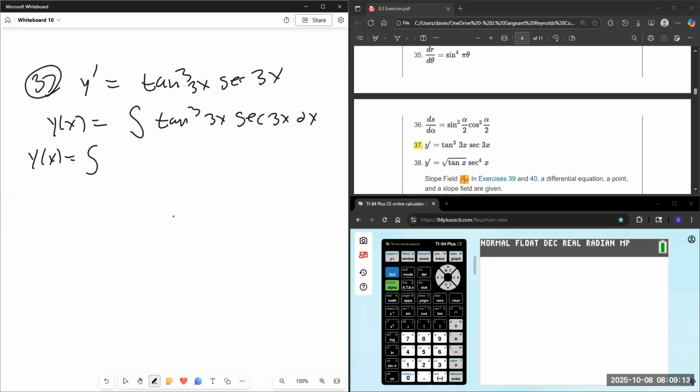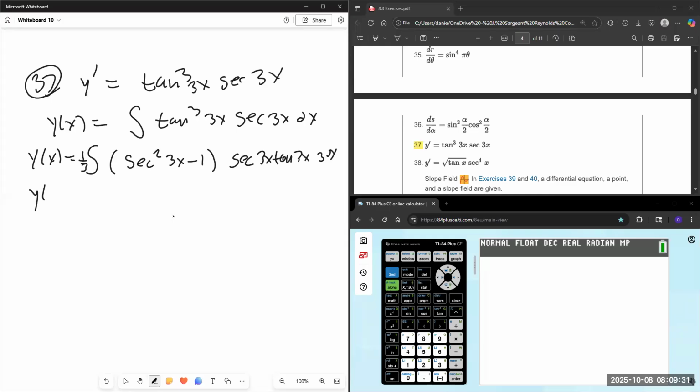So let's make this a secant 3x tangent 3x times 3 dx and put a 1/3 out here. And then that tangent squared that's left, we're going to change into secant squared 3x minus 1.